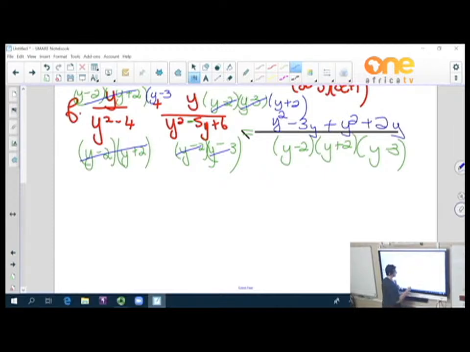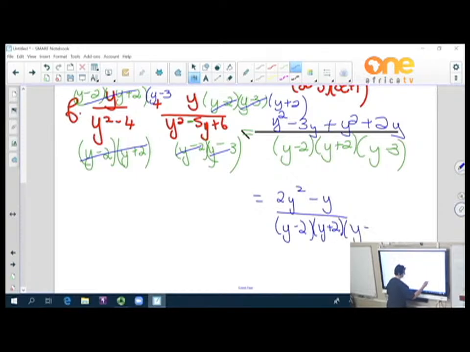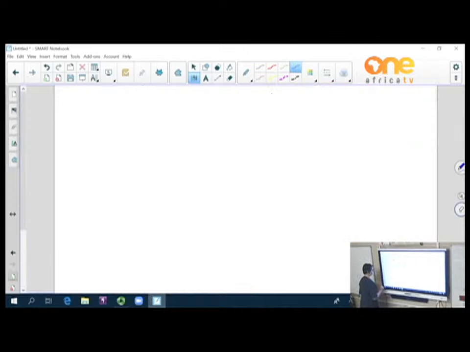Adding your like terms, then we have 2y squared minus y over y minus 2, y plus 2, y minus 3. And we can simplify there, but it will not simplify that one. So that is then exercise 33.